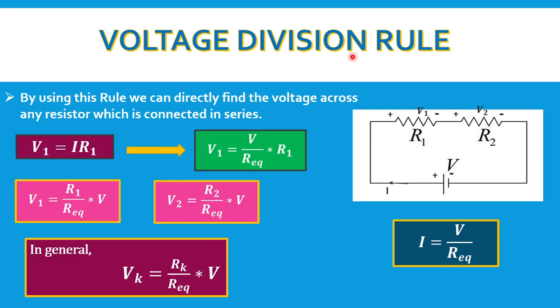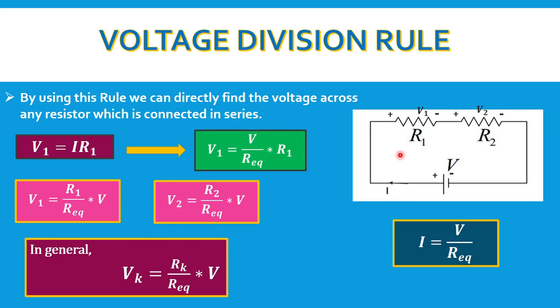This voltage division rule is very important. Why is it important? Because without calculating I, by using this formula we can directly find the voltage across any resistor. So remember this formula: Vk is equal to Rk upon R equivalent into V. We are not going to find the value of the current.